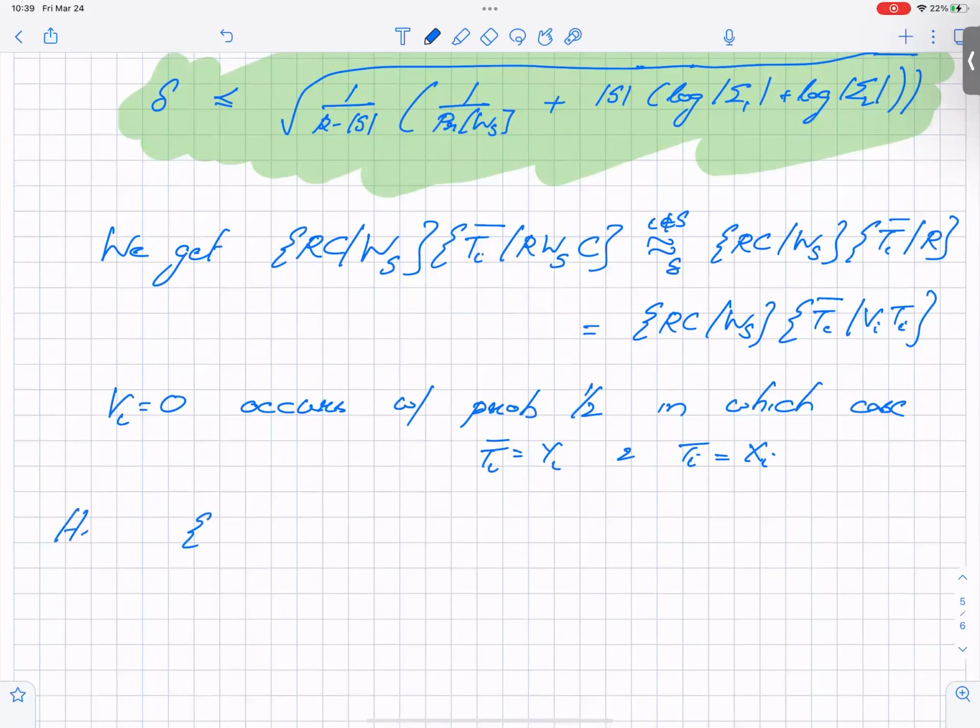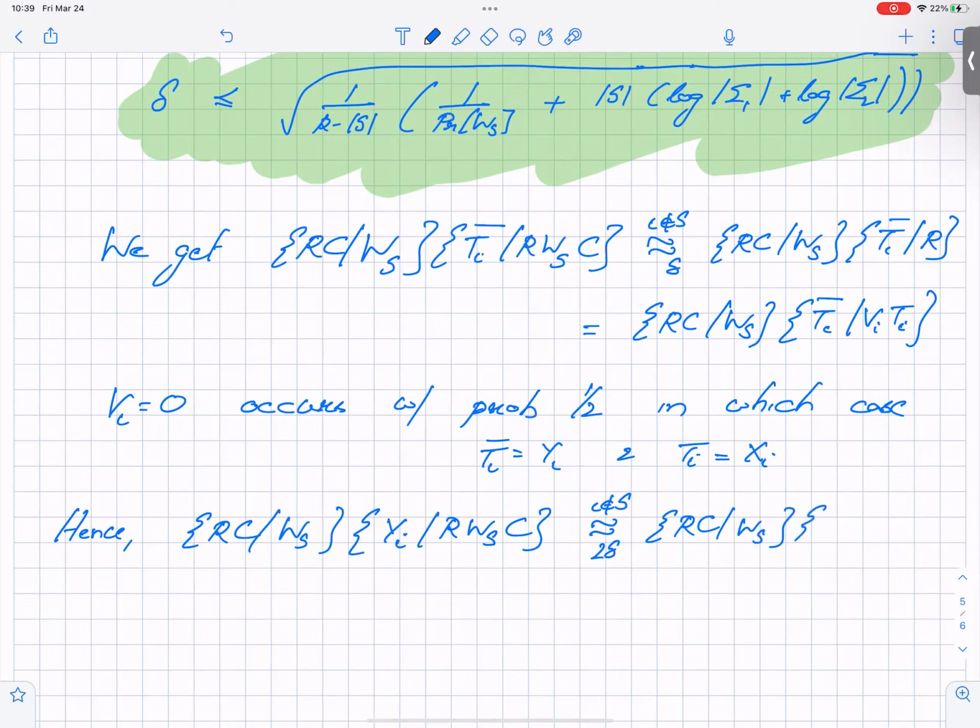Hence RCWS, this is Yi conditioned on RWSC, is within delta I not in S, 2 delta of RCWS, Yi conditioned on X.